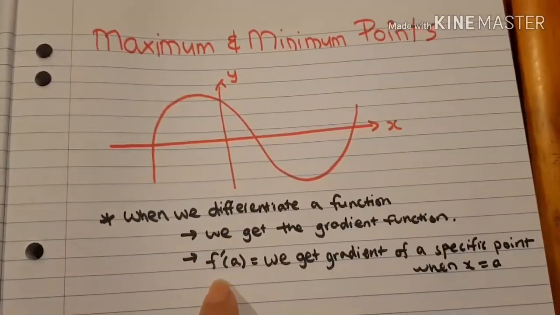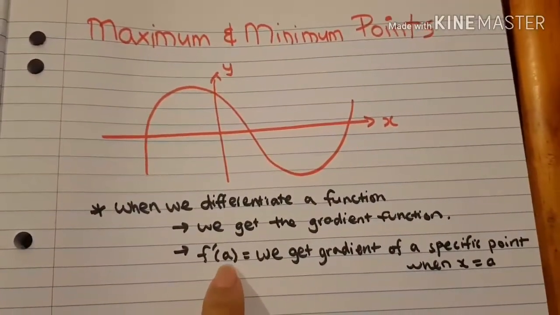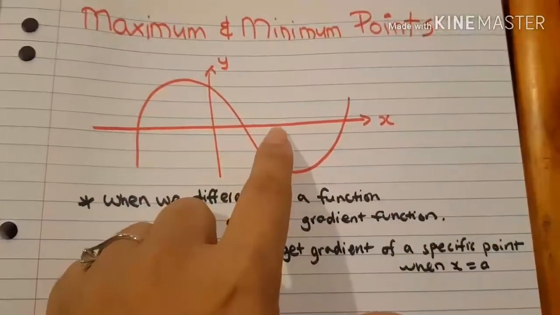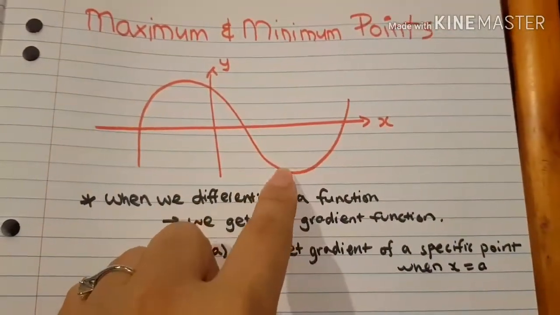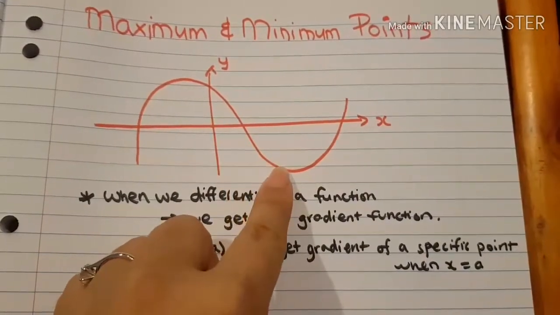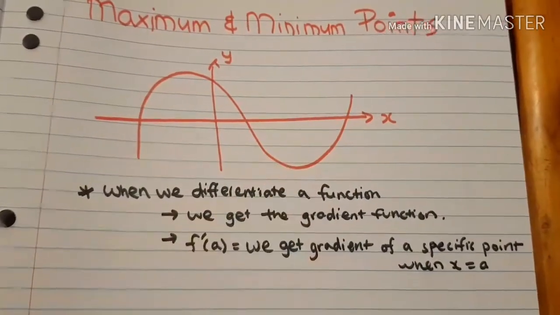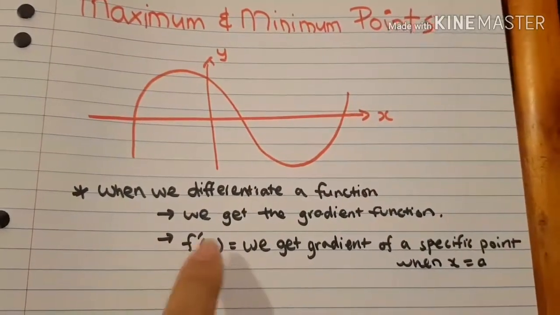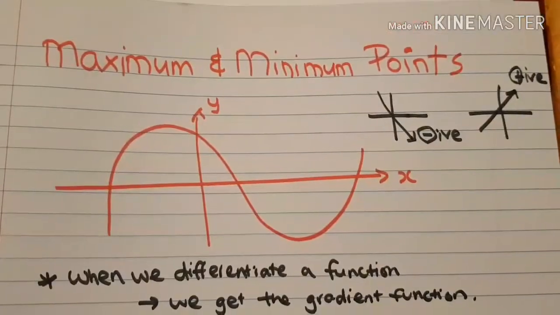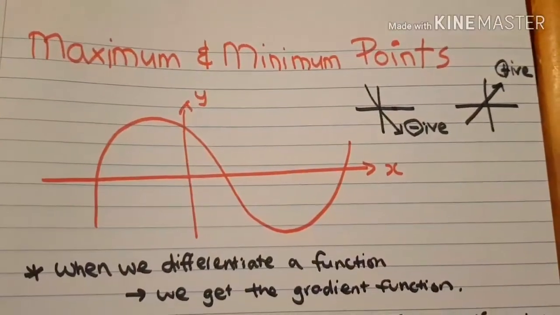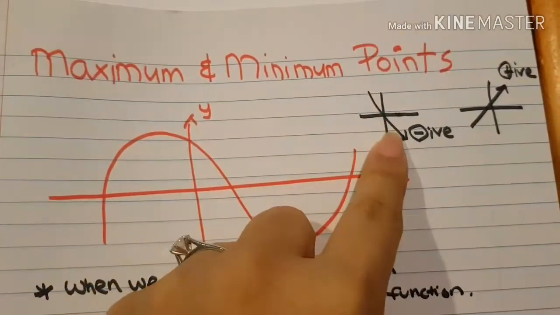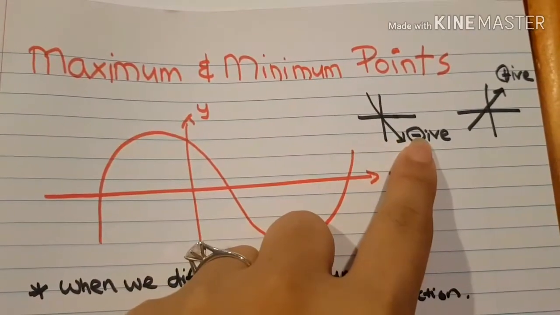This part, when you differentiate it and insert a instead of x, say this part is a, I can find the specific gradient at this curve when I differentiate the function and insert a. Remember back in linear, if it's going down, we can say the gradient is negative.